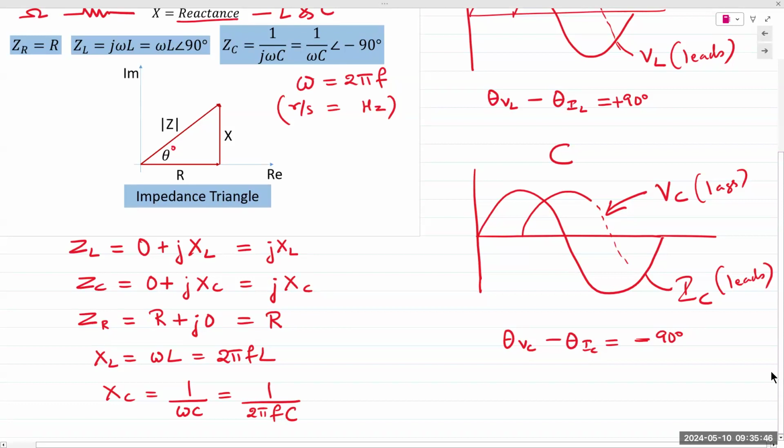So if impedance is synonymous with resistance, impedance is a complex quantity. Phasors for voltage and phasors for current are also complex quantities. We can apply all of our equations that we learned in chapters 1 and 2 exactly the same way by transforming all into a complex quantity.